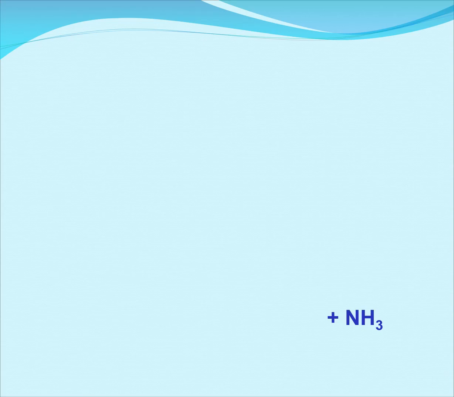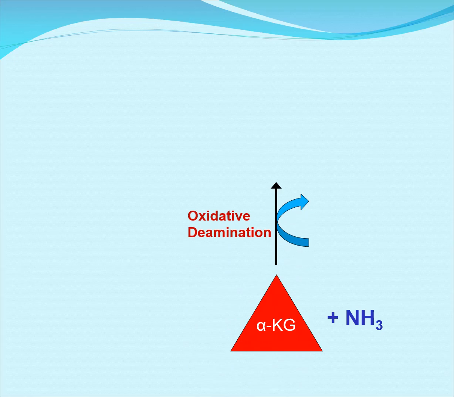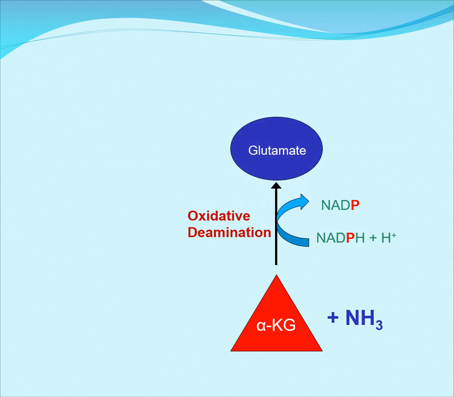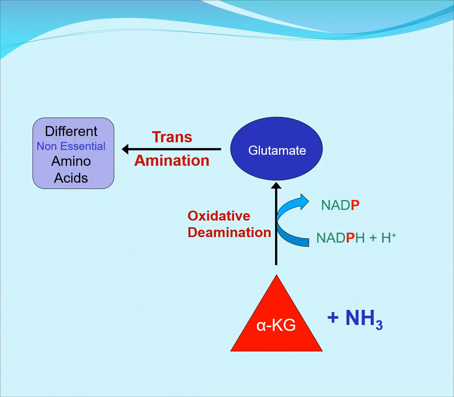The reverse reaction involves the combination of ammonia with alpha-ketoglutarate by the same enzyme, glutamate dehydrogenase, but requires the conversion of NADPH into NADP, and this results in the formation of glutamate. Glutamate by transamination will be converted into different amino acids.